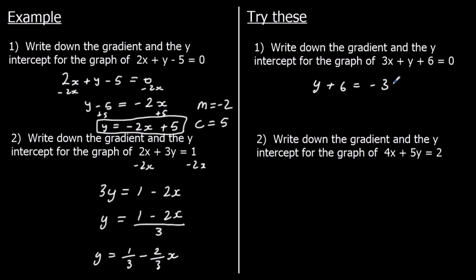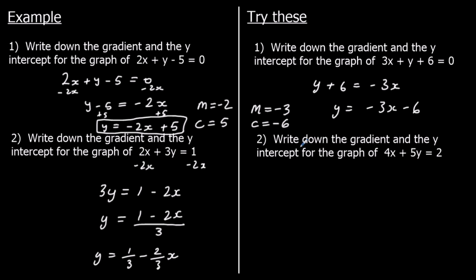So we'll get y plus 6 equals negative 3x, and then take away 6 from both sides. So we get y equals negative 3x minus 6. So the gradient is negative 3, and the y-intercept is negative 6.